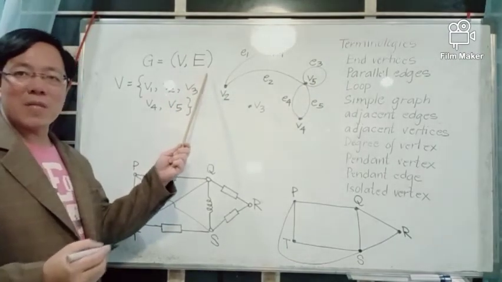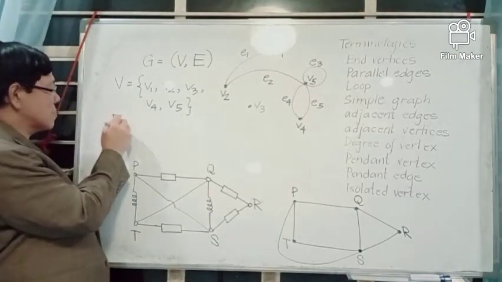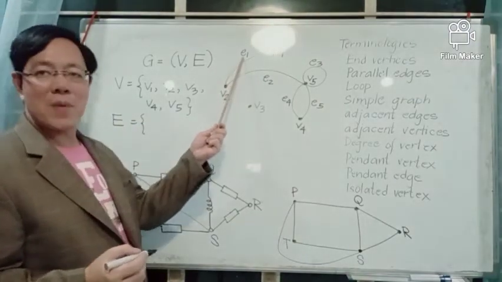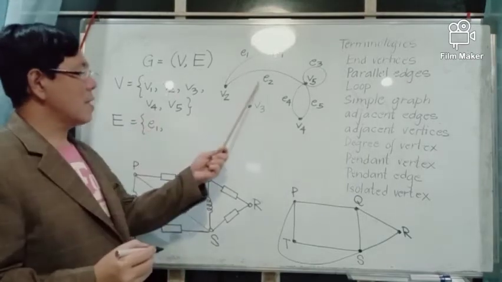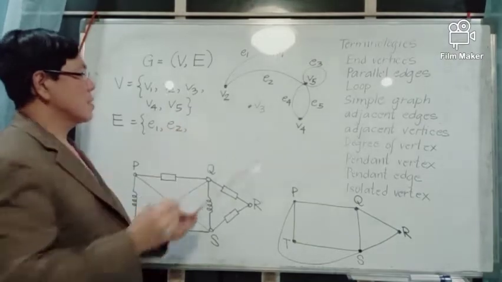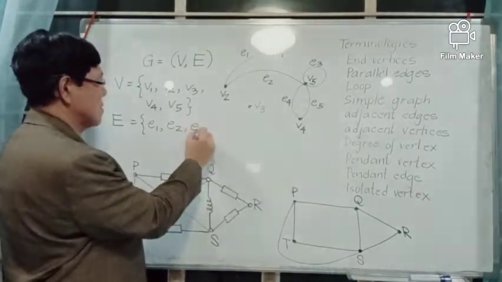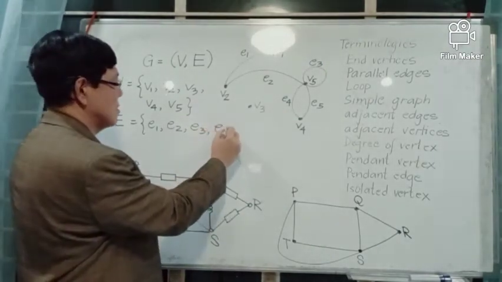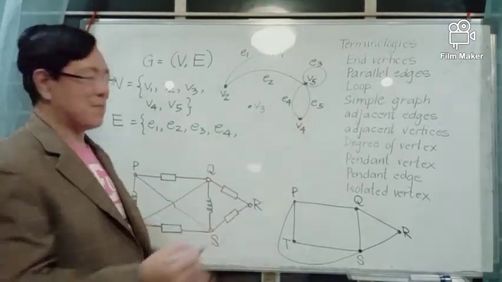And the set capital E, or the set of edges, is the set consisting of edge E1, edge E2, the edge E3, the edge E4, the edge E5.